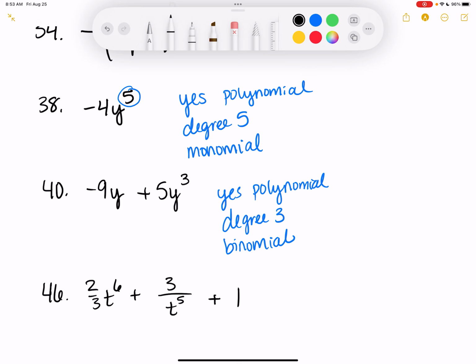Does it have to be a whole number for it to be a polynomial? Are you talking about the number in front or the exponent? The number in front. So we don't really care about the numbers that are in front. We only care about the exponents on these ones.